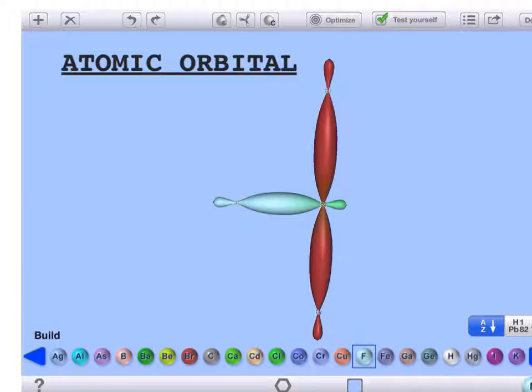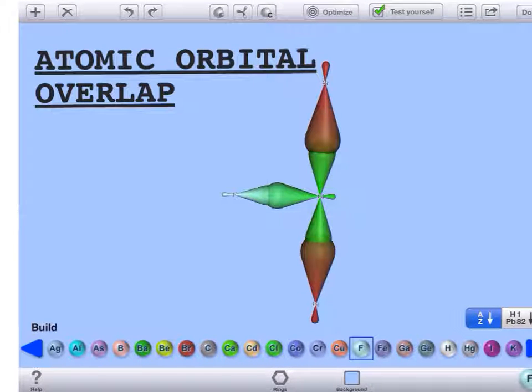Here we have an atomic orbital diagram, and you can still see the same T-shaped geometry of this compound. Cl is still the central atom with a Br on top and on the bottom, and F on the left. Then if we go on to the next slide, here we can see the atomic orbital overlap.